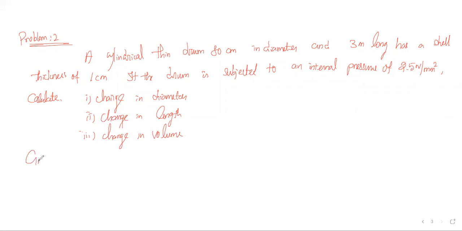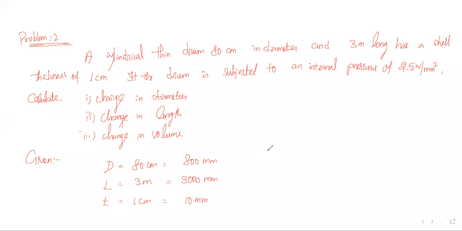So the given data are: the cylindrical thin drum 80 centimeter in diameter, so D is equal to 80 centimeter, which is nothing but 800 mm, and the length is 3 meter, so 3000 mm, and has a shell thickness T equal to 1 centimeter, so this is nothing but 10 mm.